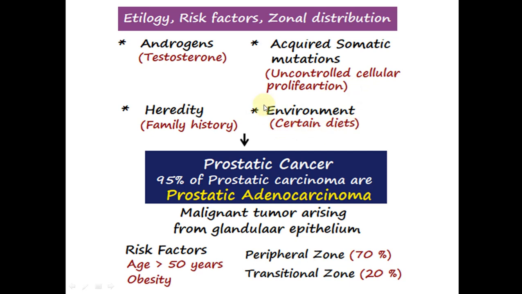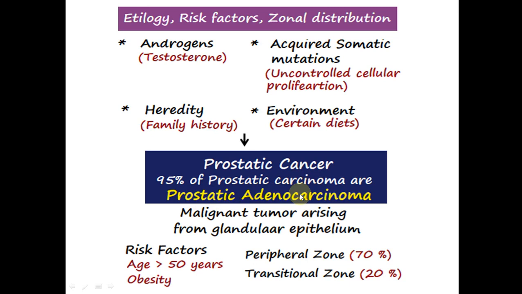The role of environment in prostate cancer is little understood, but certain diets, low fiber diets and high protein diets, may increase the incidence of prostate cancer. So the prostate cancer is actually the prostatic carcinoma and prostatic adenocarcinoma.